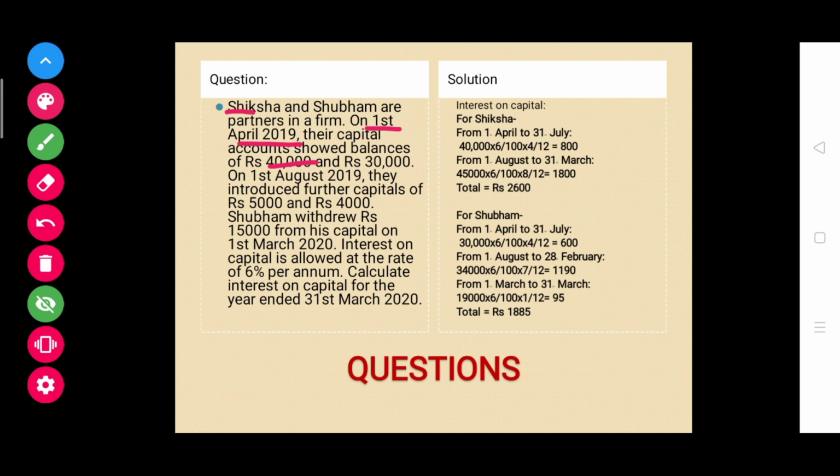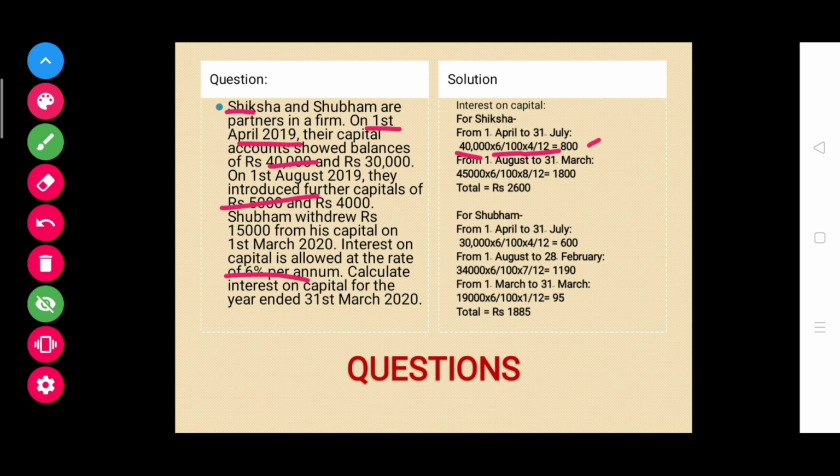So for 4 months, 40,000, and what is the interest rate? 6%. So it will come out to be 800. Then on 1st August, Shiksha has introduced further capital of rupees 5,000.